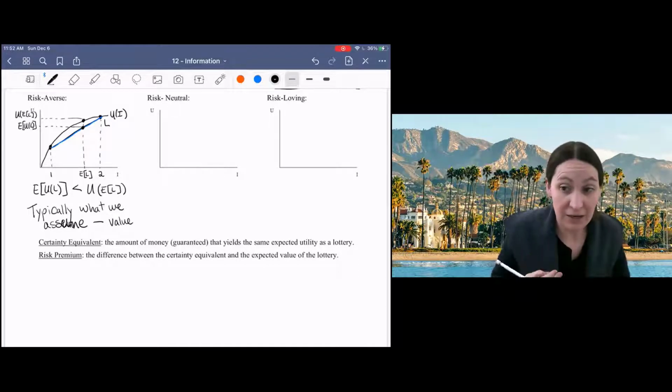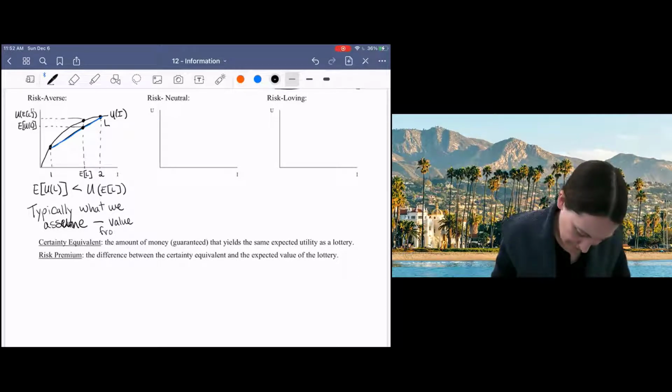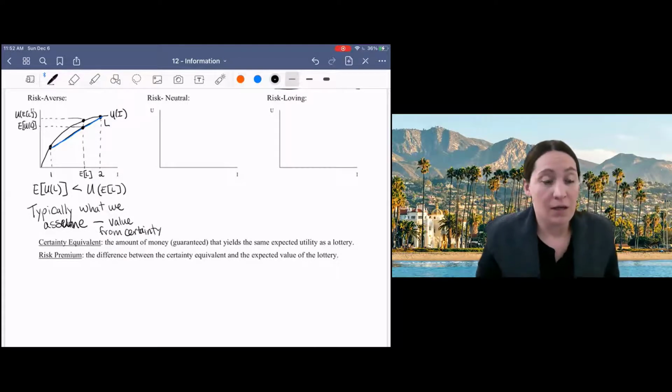We get value from certainty or reducing risk. All right, so that's similar to the example that we just looked at.